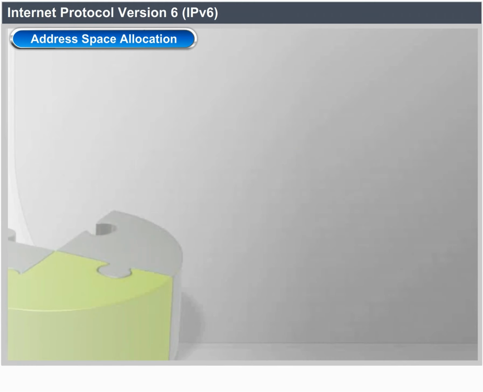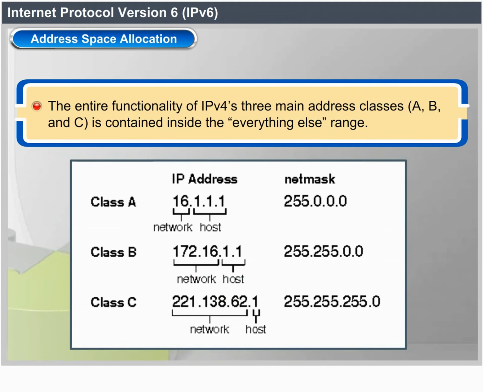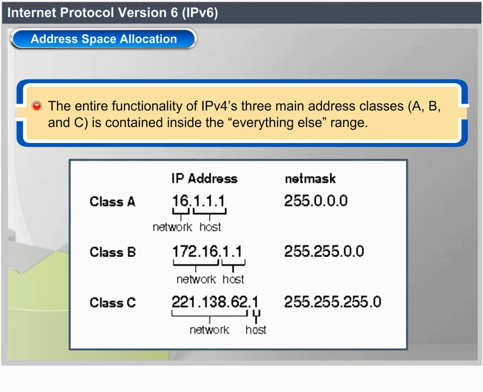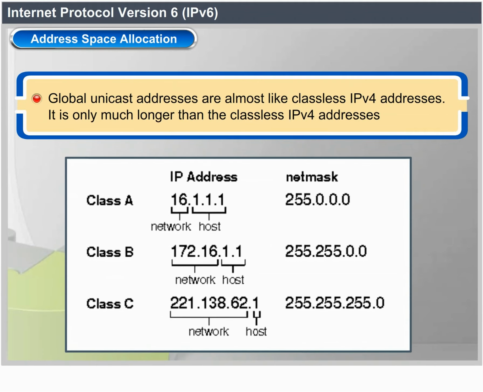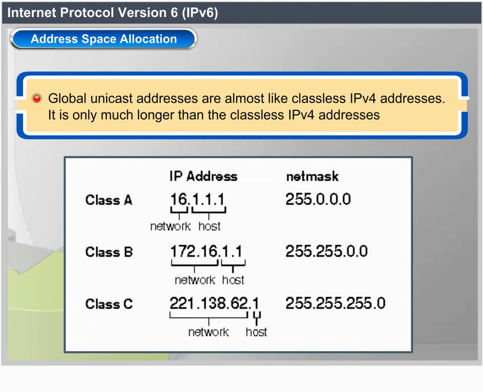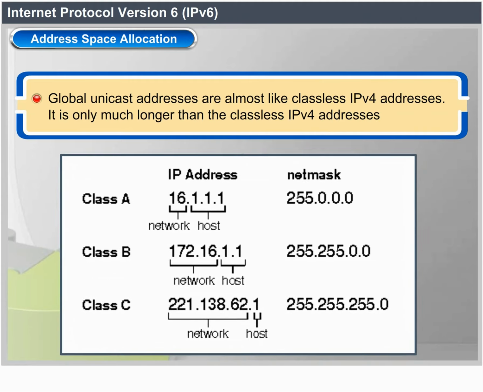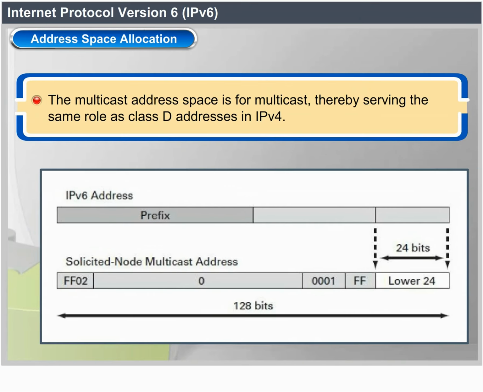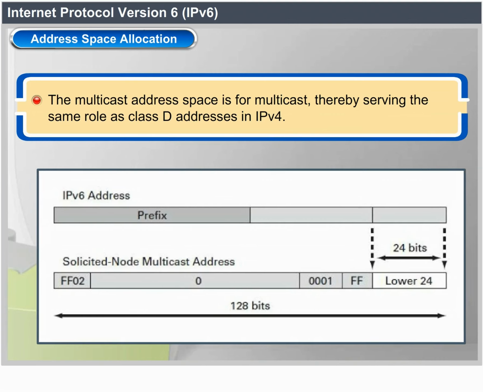The entire functionality of IPv4's three main address classes A, B, and C is contained inside the everything else range. Global unicast addresses are a lot like classless IPv4 addresses, only much longer. The multicast address space is for multicast, thereby serving the same role as class D addresses in IPv4.